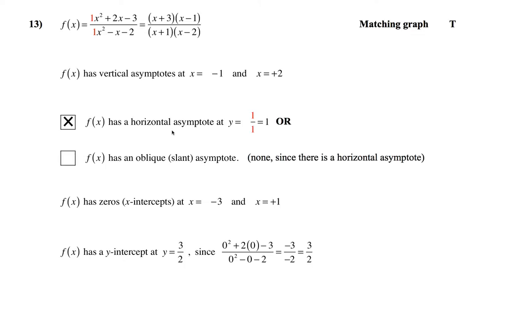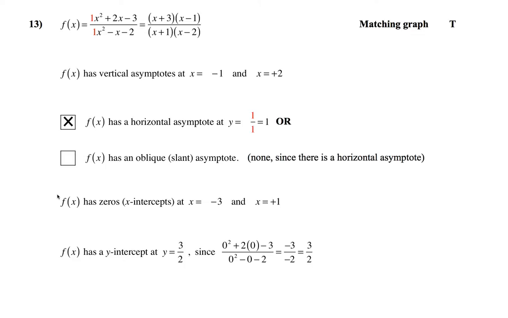What is that horizontal asymptote? To determine that, we place the leading coefficient of both the numerator and the denominator, as I've indicated here, in a fraction and simplify. Leading coefficients are 1 and 1, and 1 over 1 is 1, so at y equals 1, we'll have a horizontal asymptote.